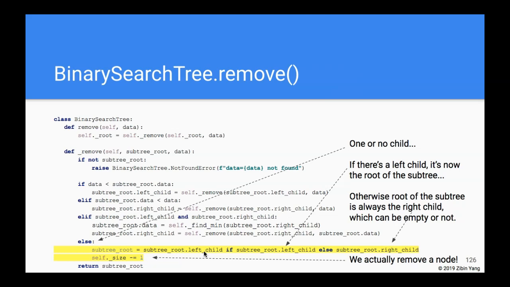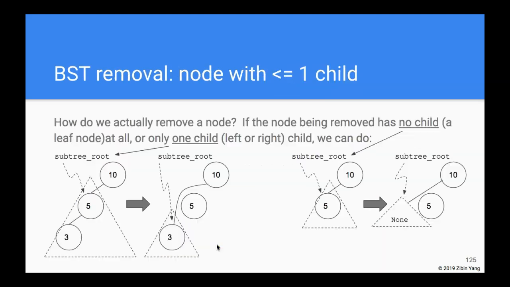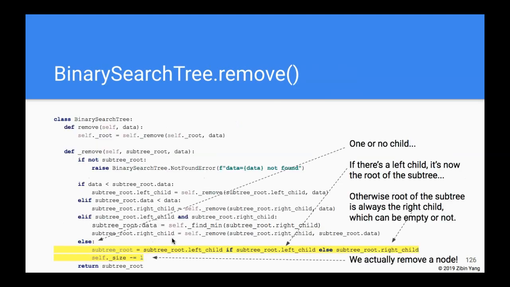In that case, if there's a left child, then we want the subroot to become that left child, right? Just like this picture. And otherwise, the subroot would just become the right child. The right child might be the only child there, or the right child may be none. So either case, it doesn't matter.